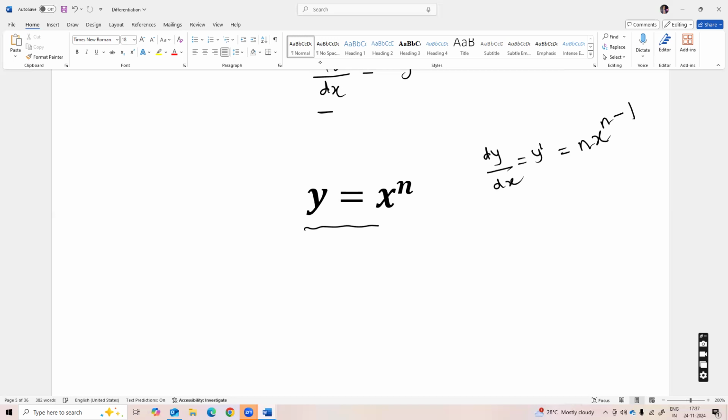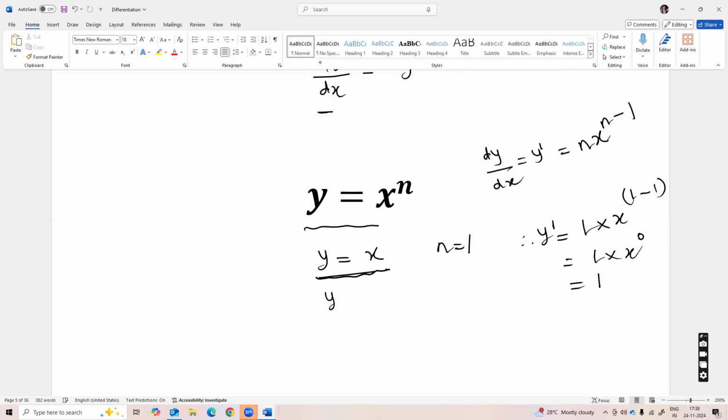So let's say if you have y equal to x, in this case the power of x is 1, so n is equal to 1. Therefore for y equal to x, y dash can be given as 1 into x to the power 1 minus 1. So it is 1 into x to the power 0, that is 1. So if y is equal to x, y dash is equal to 1.